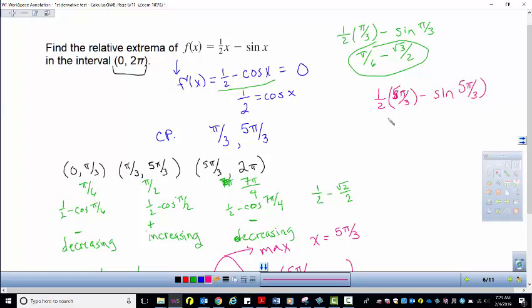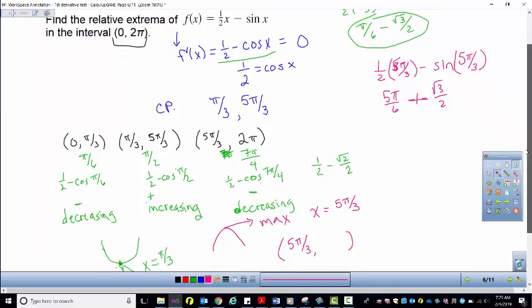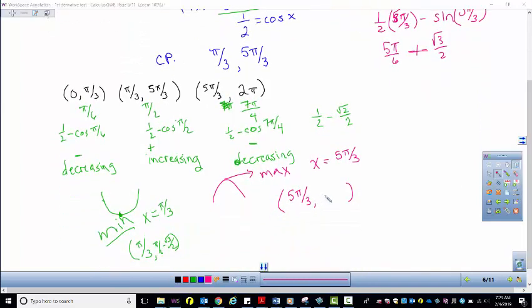And so that gives me 5 pi over 6 minus the sine at 5 pi over 3 would be a negative square root of 3 over 2. So this becomes plus. So that's my y value. Again, if we're graphing, get the decimal, but today we're just finding these points.